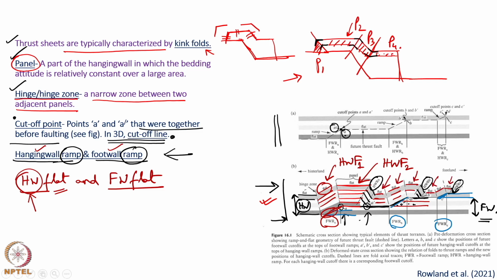Do you observe there is a subtle difference in the term between just the term flat and the hanging wall flat? This portion of the fault is called ramp, but then the layers, since they are parallel and they are on the hanging wall, it is known as hanging wall flat. Do you see the difference?